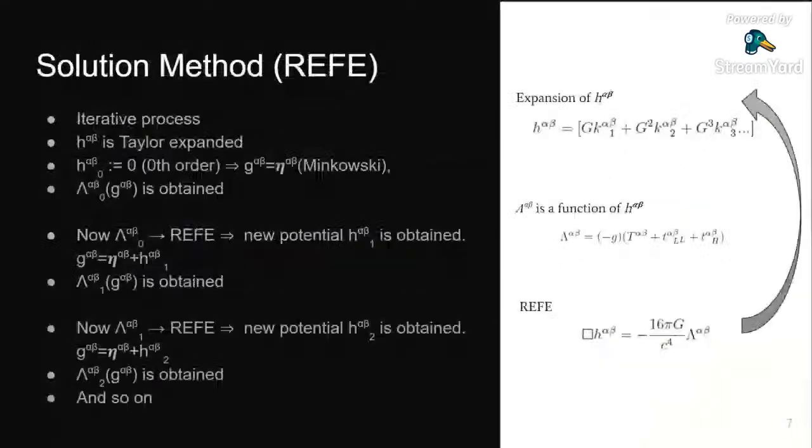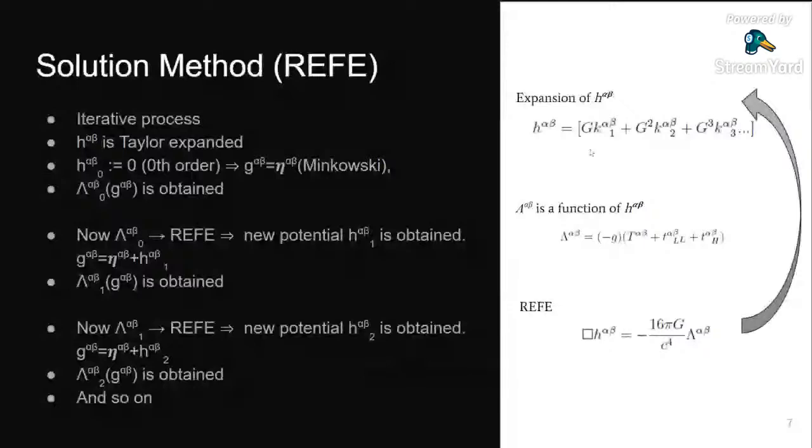Now, what we do in the solution for the relaxed Einstein field equation, first of all, we take the spacetime metric to be the local metric only, without any disturbance. So using that metric, we have the Landau-Lifshitz pseudo tensor, that is lambda alpha beta. Lambda alpha beta is actually nothing but the stress energy tensor, plus the Landau-Lifshitz pseudo tensor, which is given in terms of the metric, and the harmonic gauge pseudo tensor, which is also given in terms of the metric.